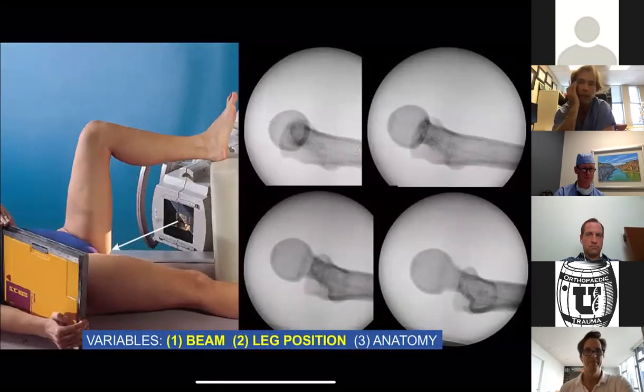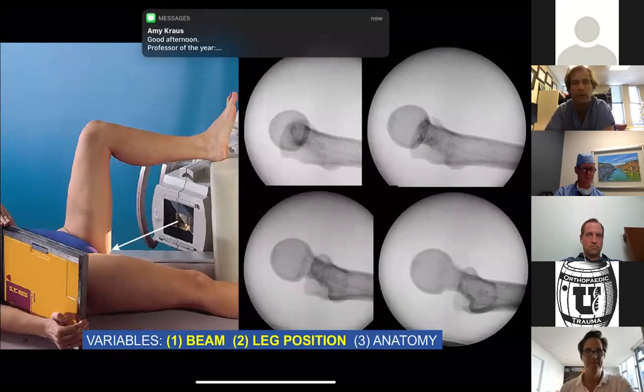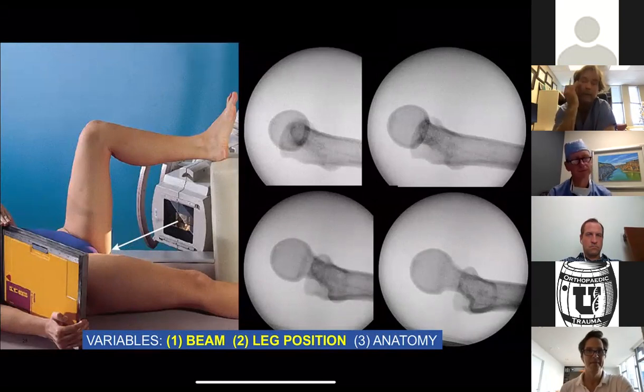Now, there's another plane to talk about, and I think this is especially useful when we're talking about proximal femur fractures and femoral neck fractures, and that is this plane. And so if you're going for a true transverse lateral, you're going to get a lot of overlap between the greater trochanter and the head, and it's really going to block you from seeing the neck. So the more obliquity you create with the C-arm, the better you can uncover the neck from the greater trochanter.